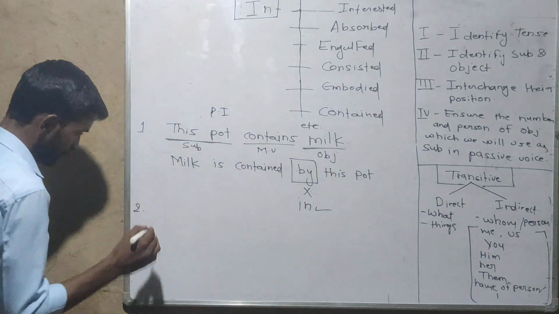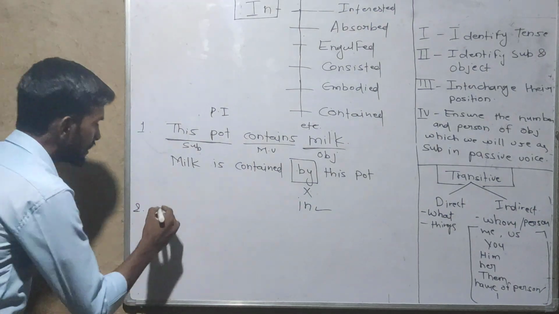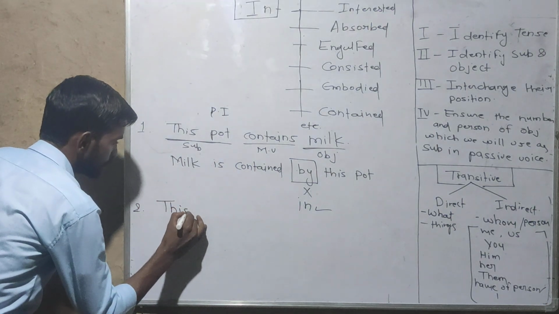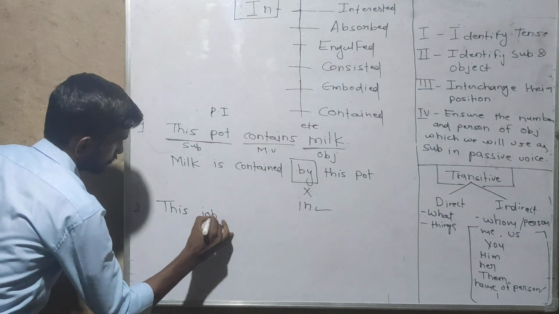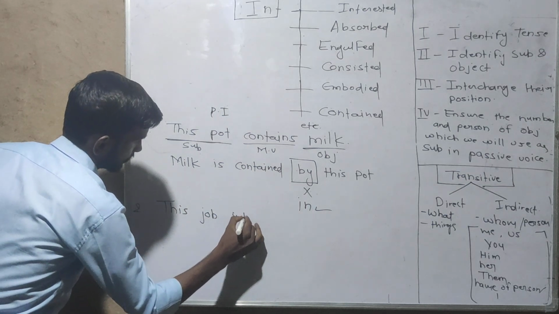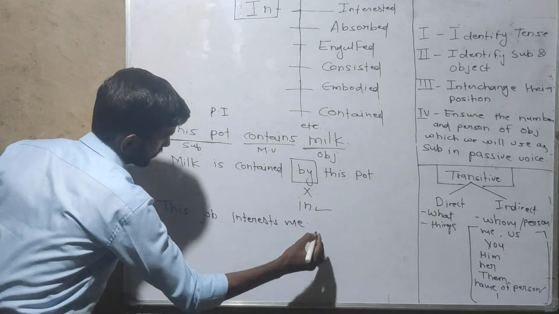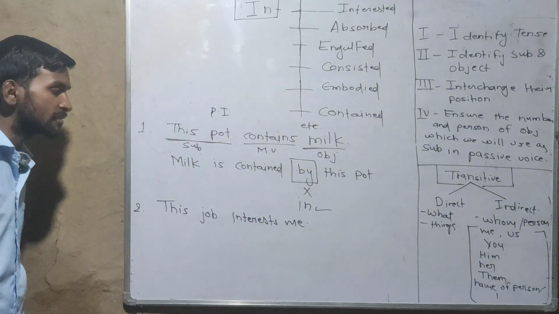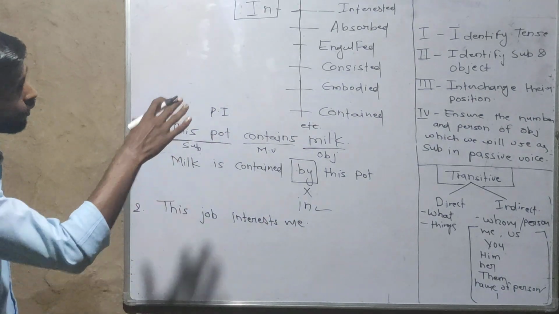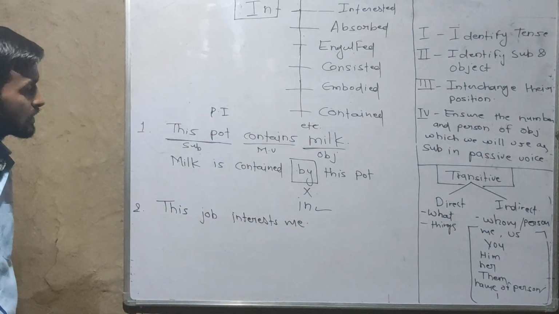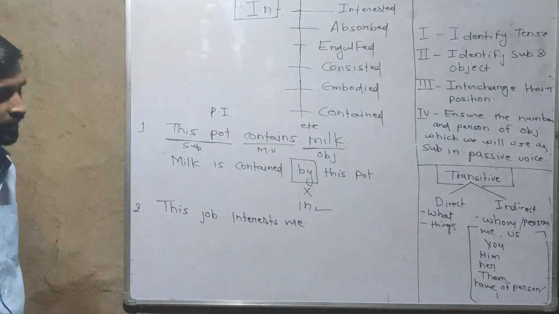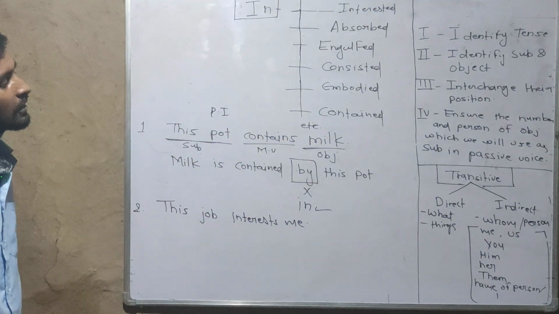Example number 2: this job interests me. So this is the sentence. Again we will apply all four steps. First step, identify the tense: this is present indefinite tense.